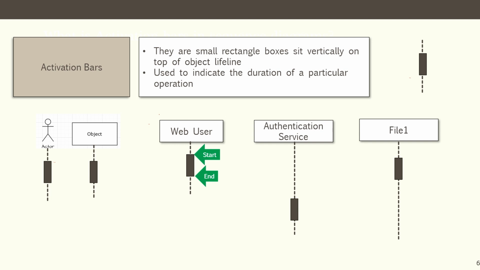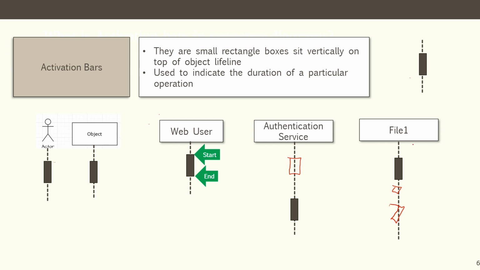Now, a lifeline can have multiple activation bars, similar to what you are seeing here. It can be n number. It can be even a small one. And this is used to connect the objects and the lifeline.